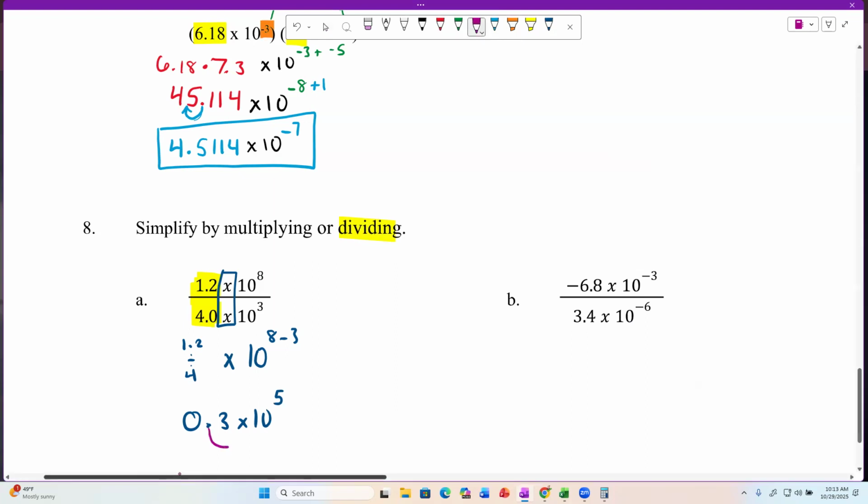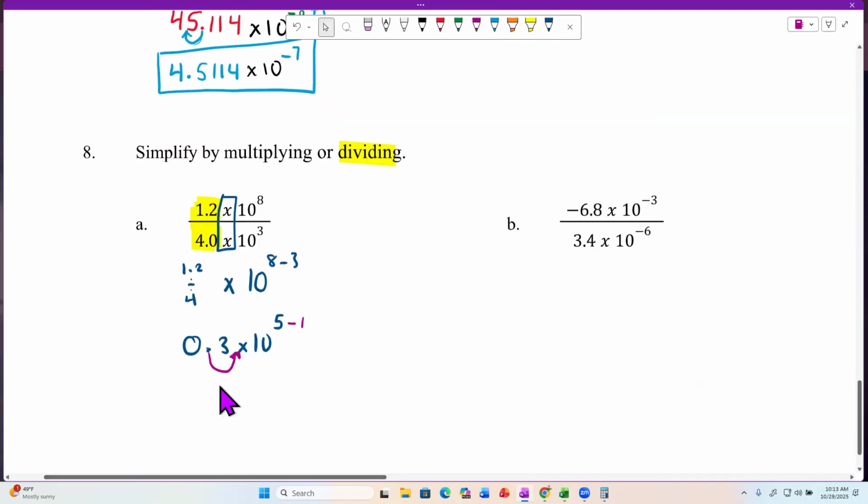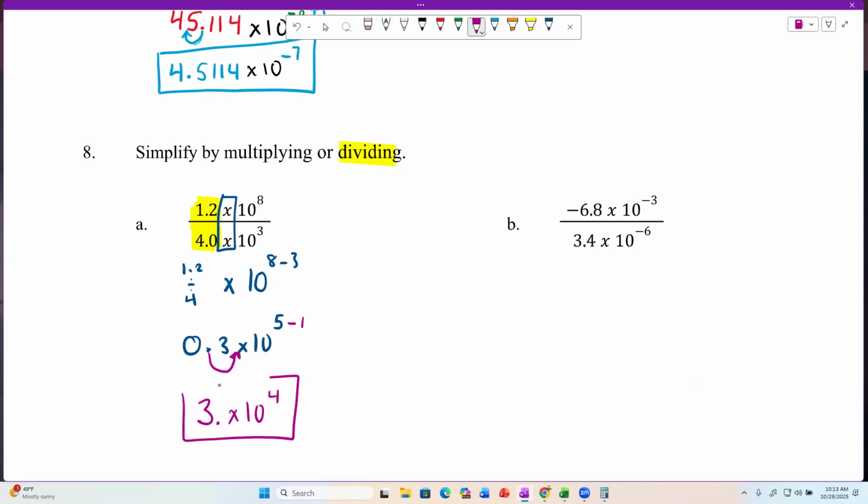So we have to move the decimal point one spot, and if we're going that way, we are going to subtract 1 in the exponent. So that would give us 3.0, or just 3, times 10 to the 4. Scientific notation, 5 minus 1 is 4.